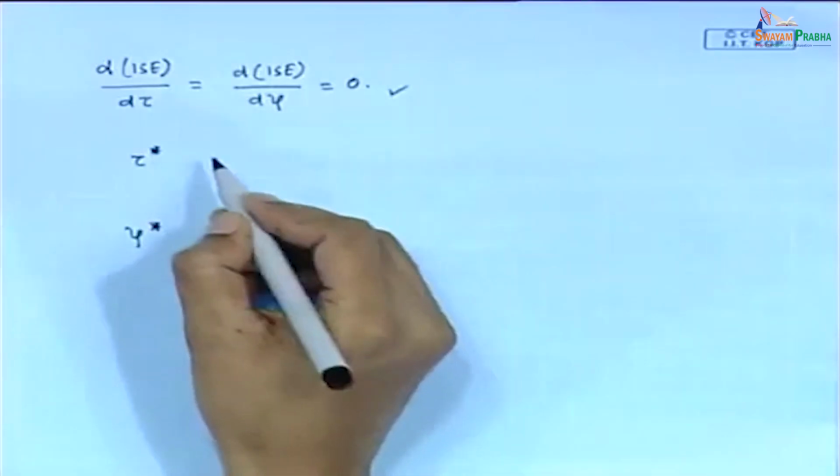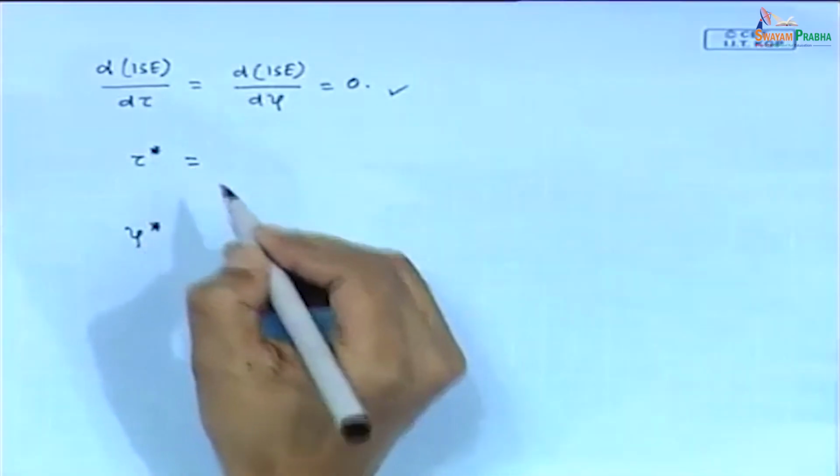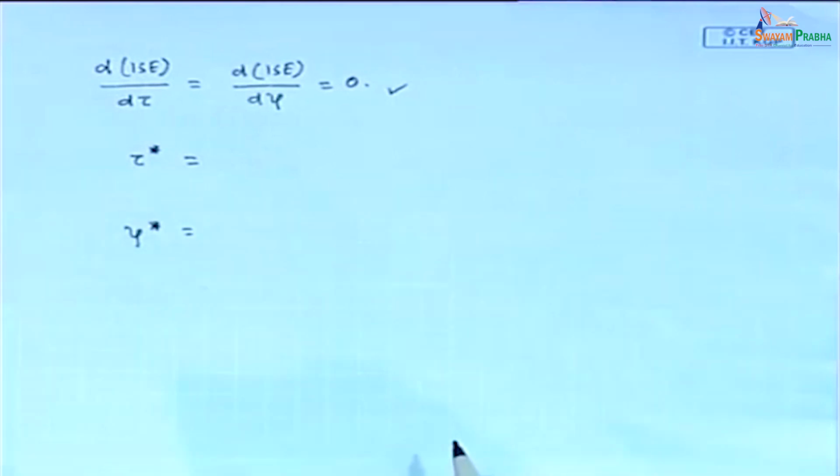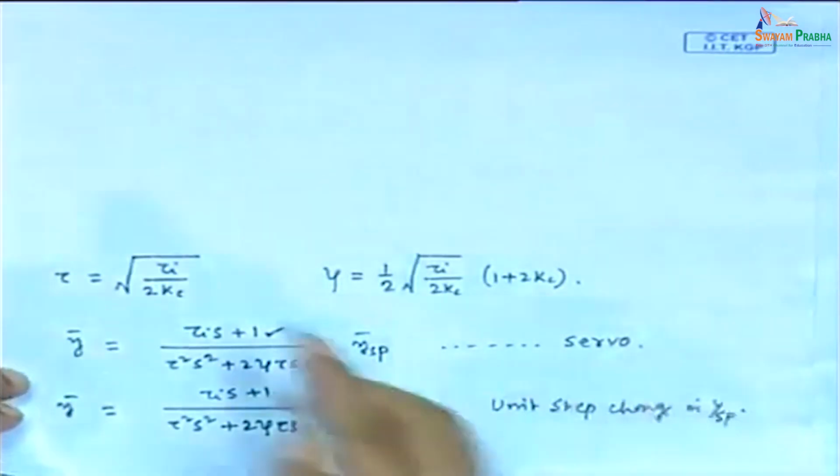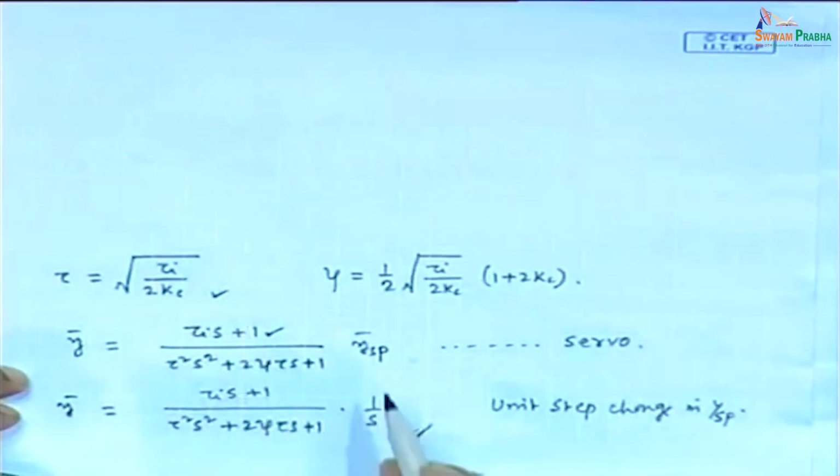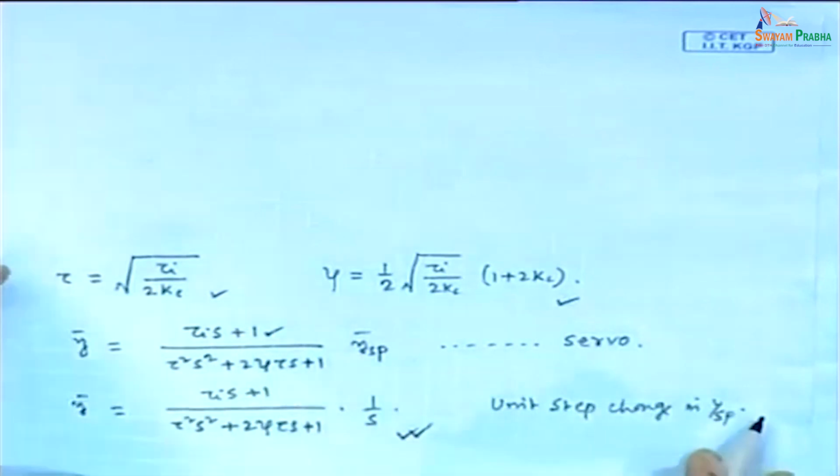Now, what are the expressions of tau and zeta? The expressions of tau and zeta we obtained previously: this is the expression for tau and this is the expression for zeta.